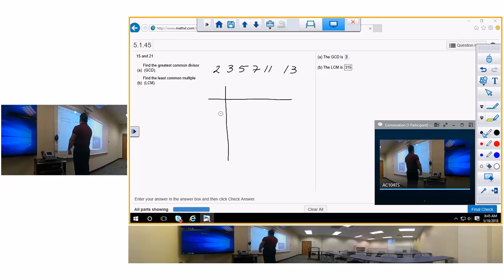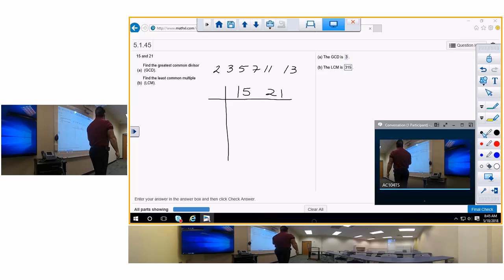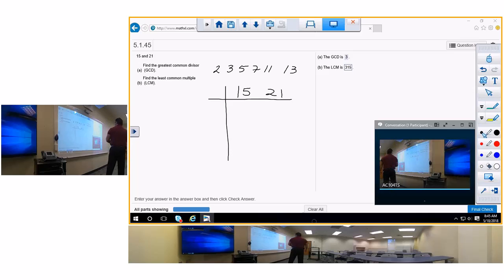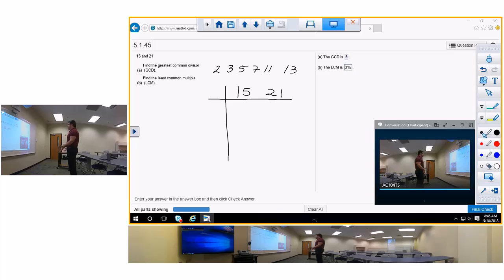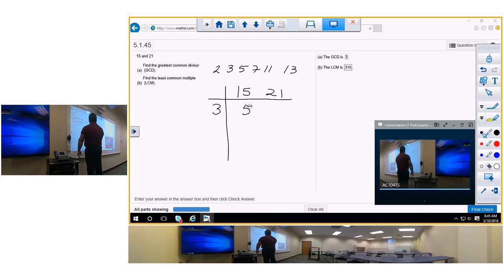My two numbers are 15 and 21. And you want to ask yourself, what is the first number that comes to mind that will go into both 15 and 21? And you should say 3. So 3 will go into 15 5 times, and 3 will go into 21 7 times.